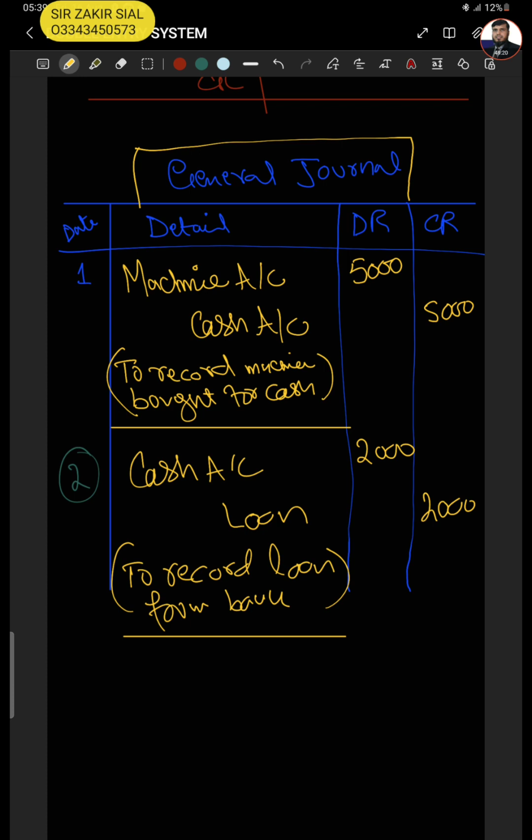So till now we have done assets, liabilities, capital, expenses, drawings in detail. Then we discussed the rules of debit and credit.